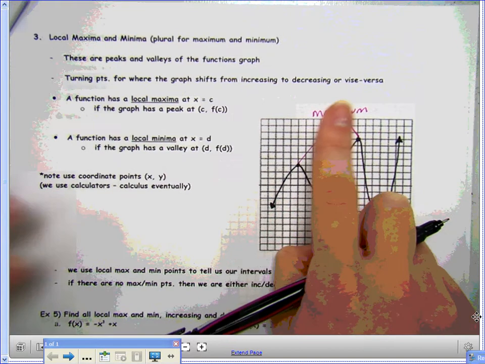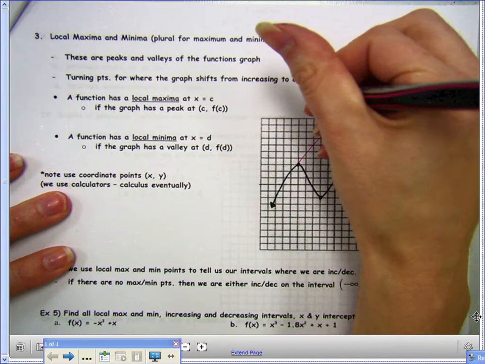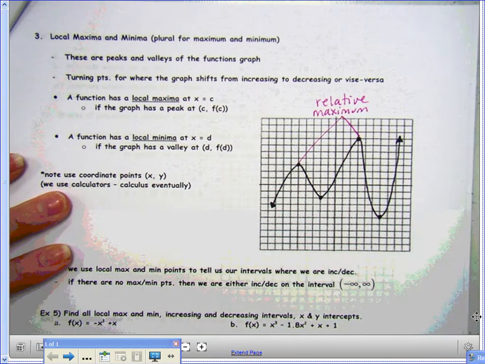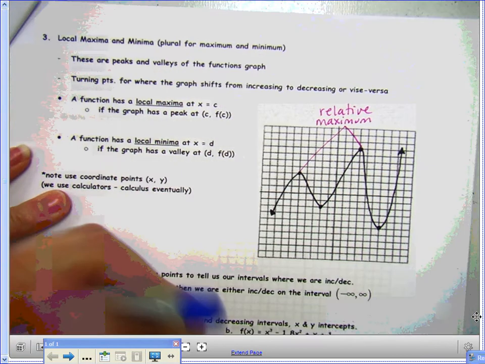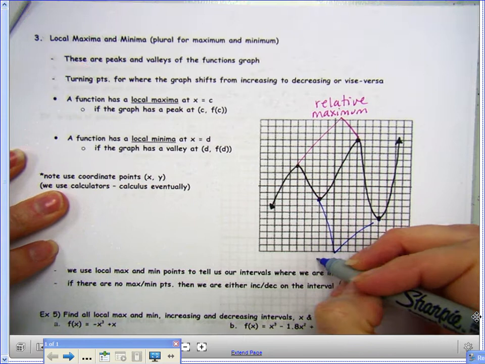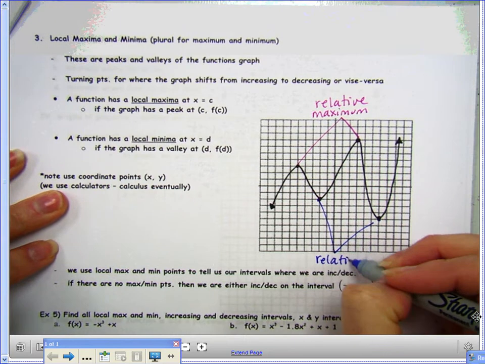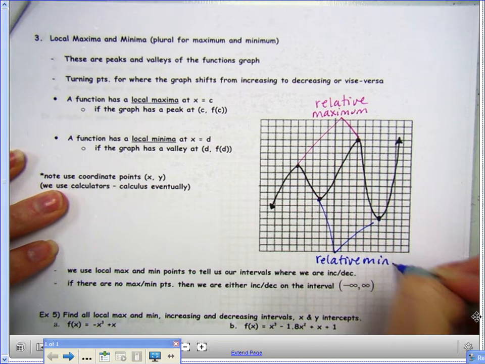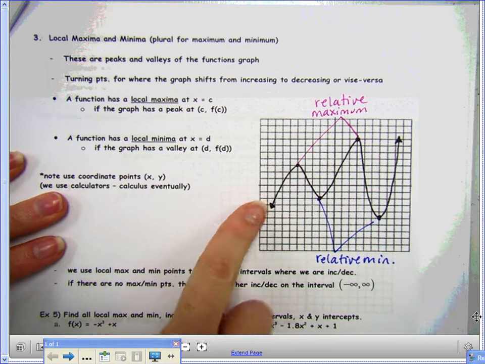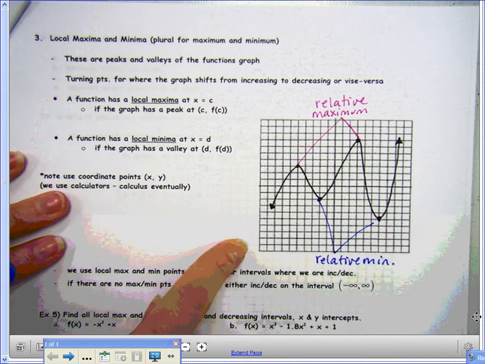So in this case, we would call these relative maximum points. And these other points that we have right here and here would be called the relative minimum points, because relative to the points around them, they're the lowest. However, because our graph is going to negative infinity right here, they are not the actual lowest points on our graph.